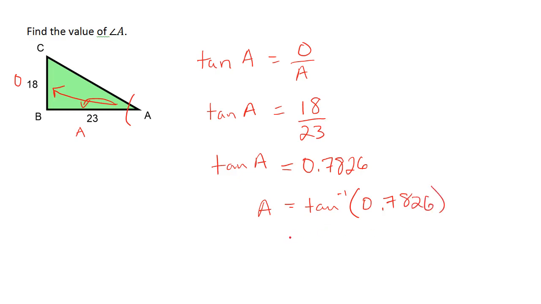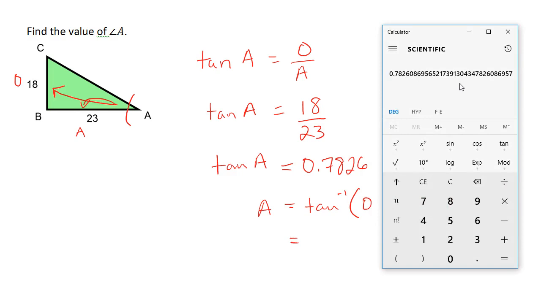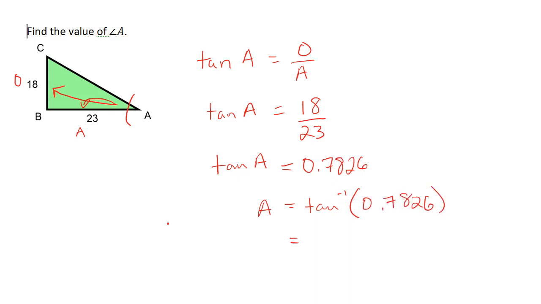Seeing as that number is still in the calculator right now, I'm just going to hit tan -1 of this number. And you can see it's 38 degrees. Okay, so angle A is 38 degrees, and we have found the angle in our triangle.